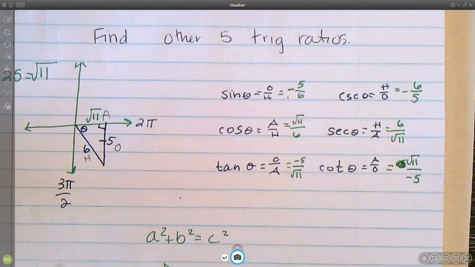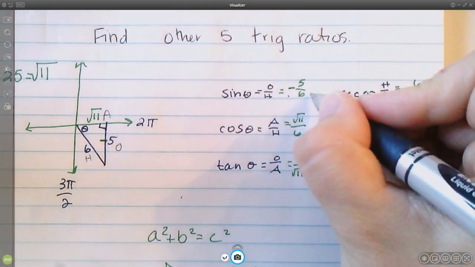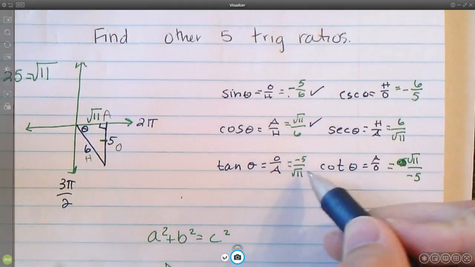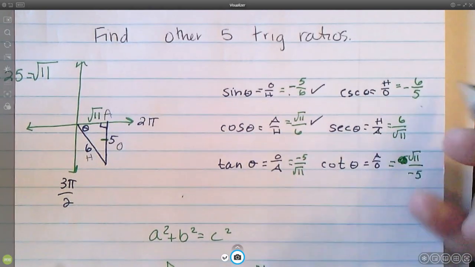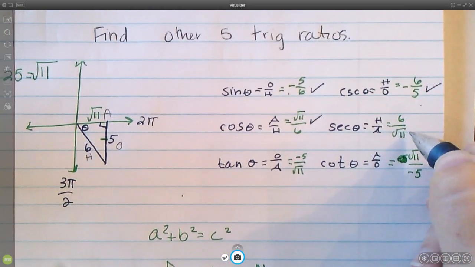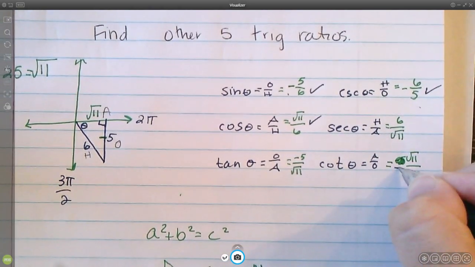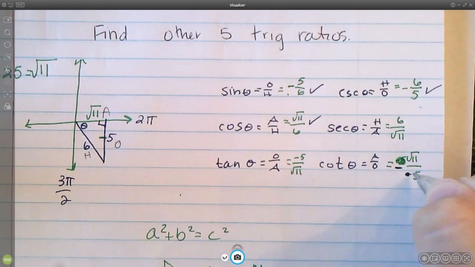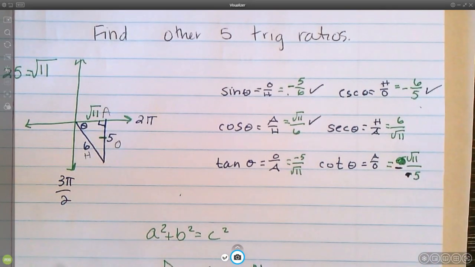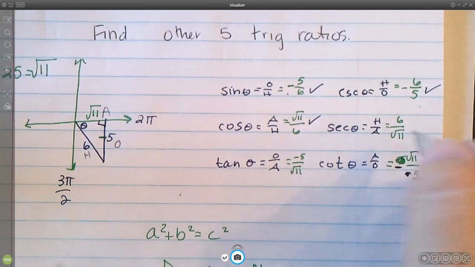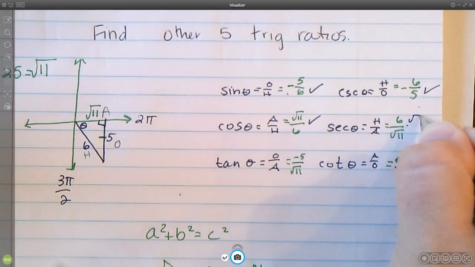So let's look at these answers quick. This one I'm okay with, this one I'm okay with, this one we have to fix. This one looks good, this one we need to fix, this one we need to put the negative out front, so get rid of that. Put the negative out front. You cannot have radicals in your denominator, so you have to rationalize. So we're going to multiply this by square root of 11 over square root of 11.